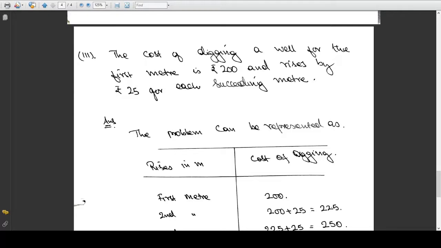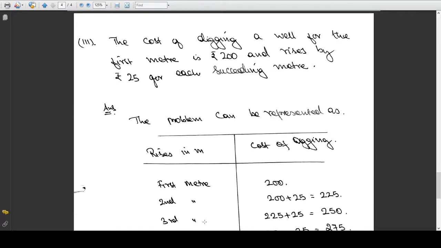For the third meter, the deeper you go, the more the cost of digging. For the second meter you have 225, and to get the third meter you have to add 25 more. So 225 plus 25 is 250.